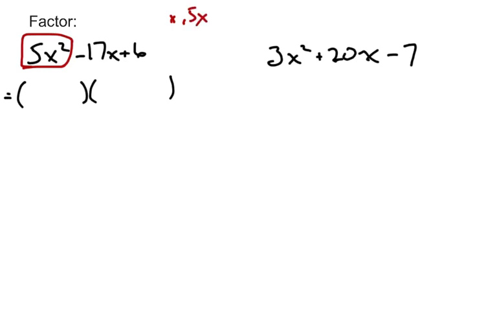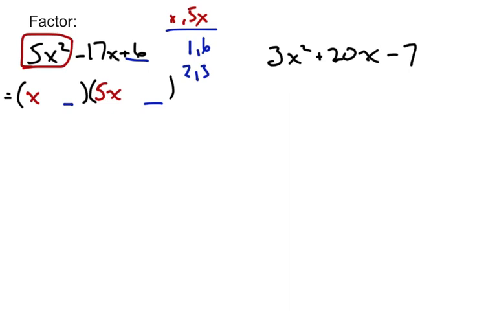So since 5 is prime, that's the only way we can factor this, into x and 5x. The second terms for each of these binomials is going to come from the factors of 6. And the factors of 6 are either 1 and 6 or 2 and 3. And when we look at 1 and 6, that doesn't make 17, and 2 and 3 doesn't make 17 either.